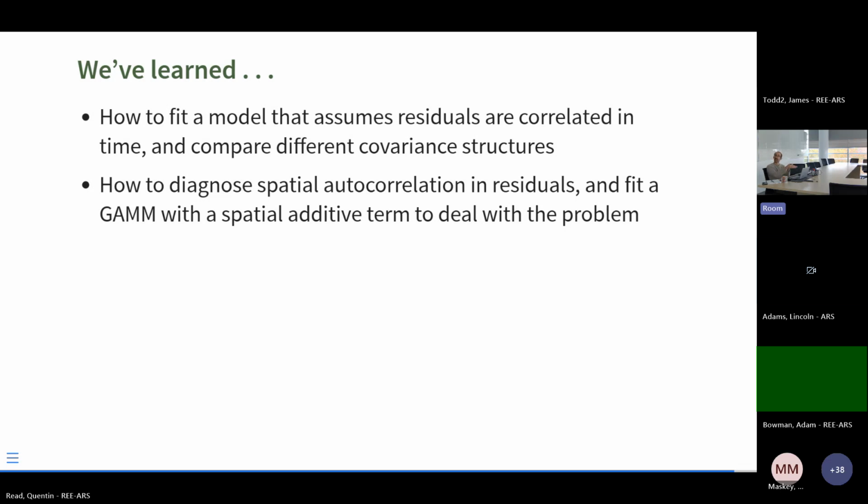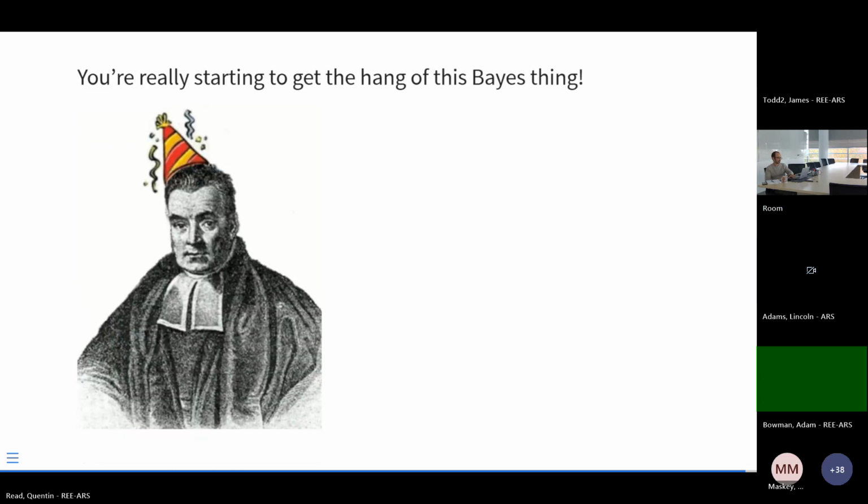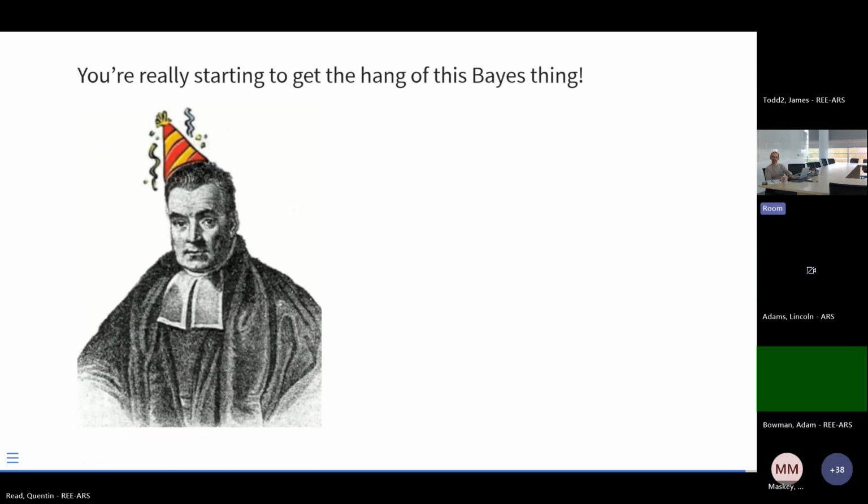We've looked at how to deal with relationships in space and time in 2 different ways, by putting it in the residuals or by putting it in a spatial additive model. And then we've used those models to make predictions and inferences. So I think you're starting to get the hang of this Bayes thing. That's awesome. I'm glad to be able to go on this journey with you all.